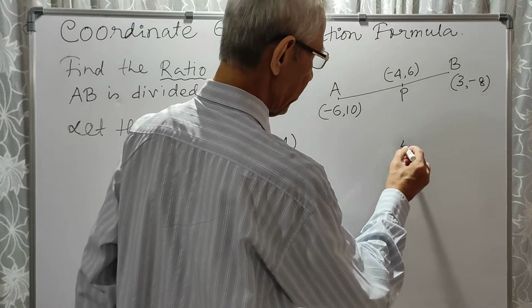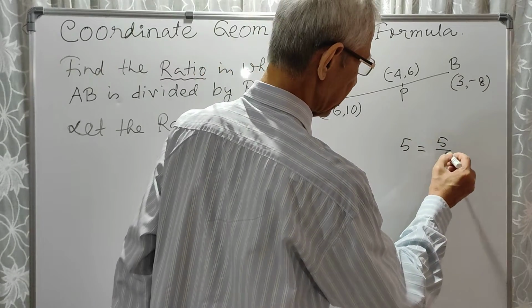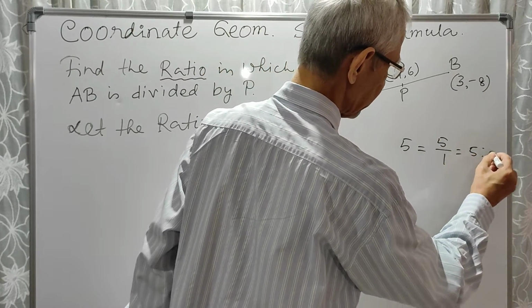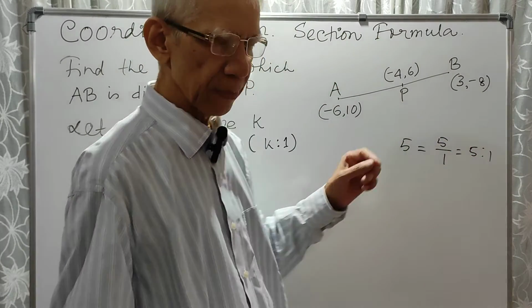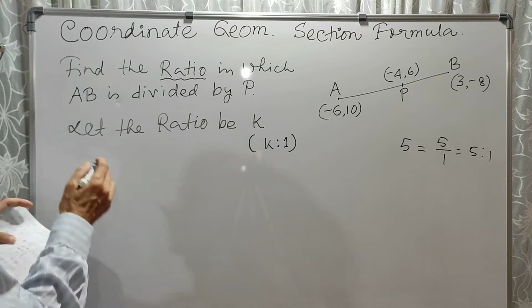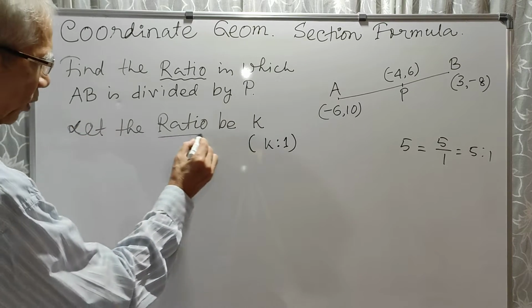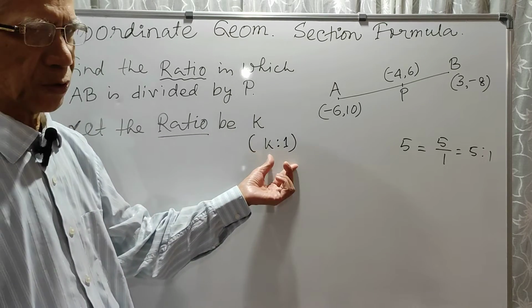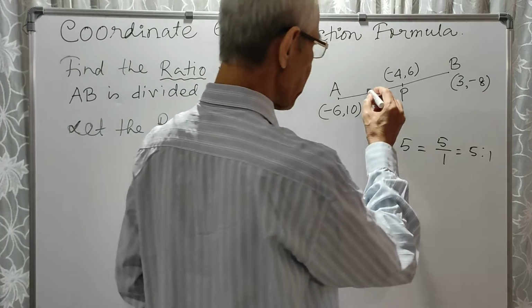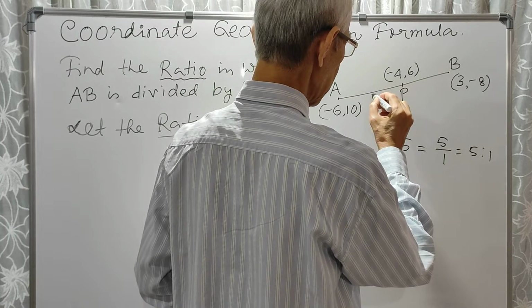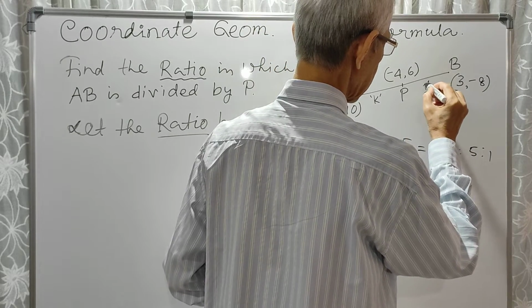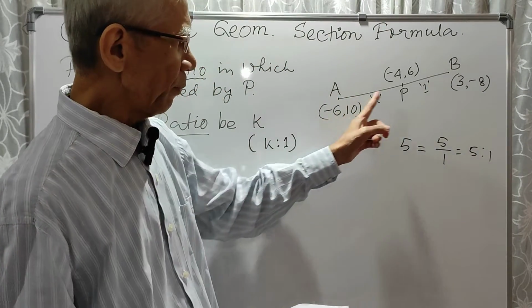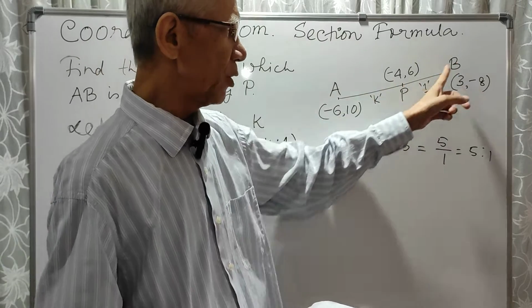When you say 5, it means 5 by 1, that is 5 is to 1. So here we are taking the ratio to be K, that means K is to 1. So this part we call K, and this part we call 1. So AP is K and PB is 1.